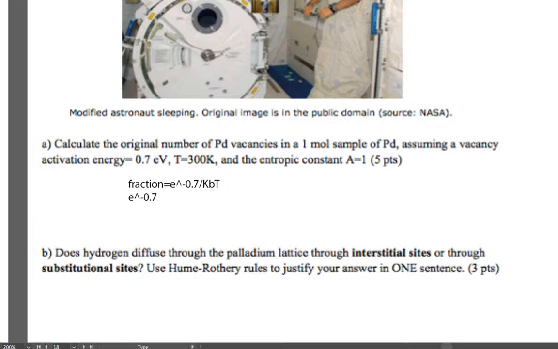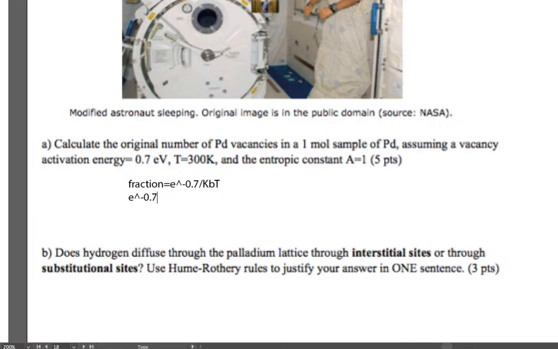E to the power of negative 0.7 divided by the kB, which is 8.314, divided by the 6.02 times 10 to the power 23. Okay, and then after that, what to do next?